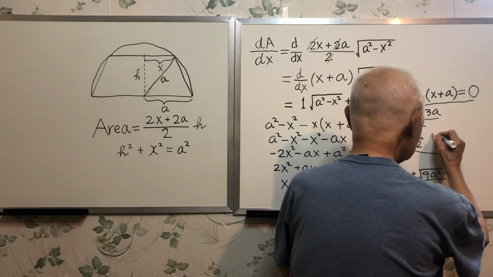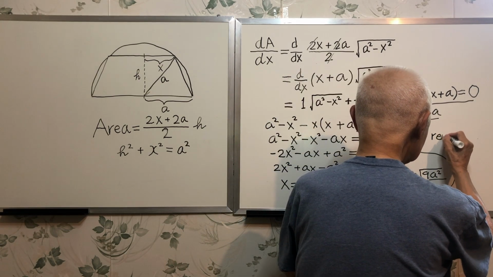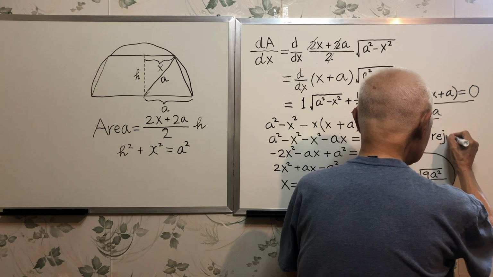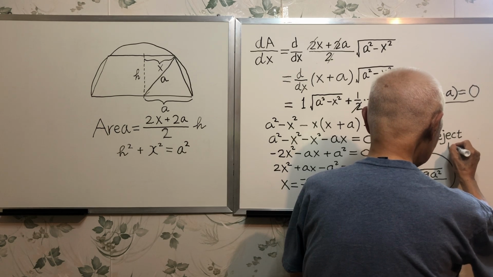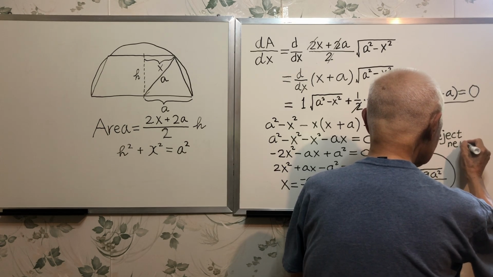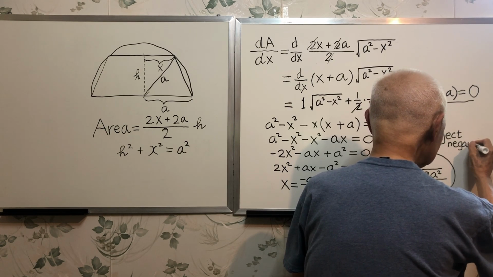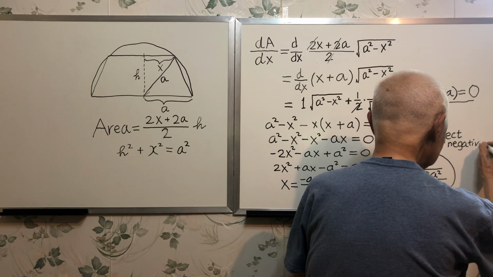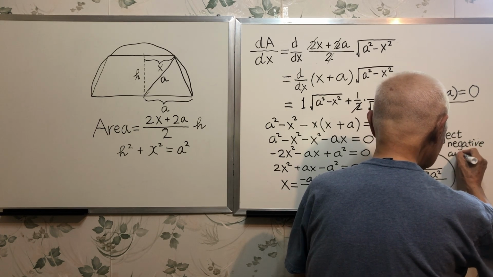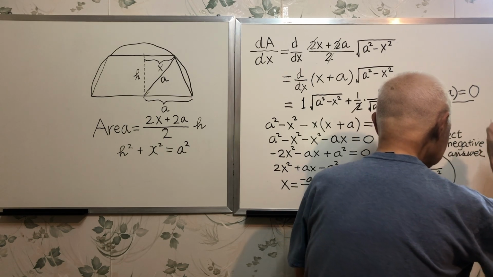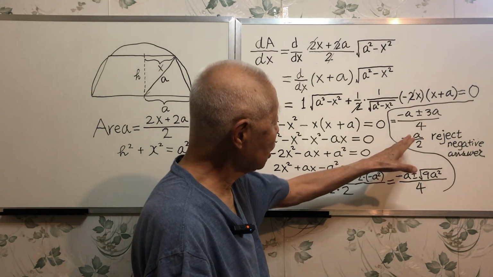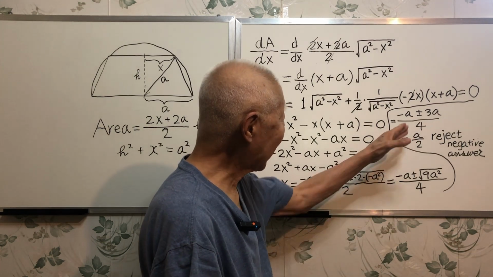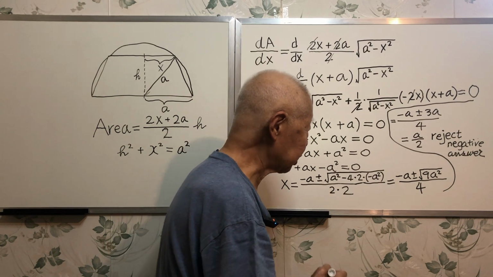I reject the negative answer. I only want positive answer. So this is my x. X is half of a, half of the radius.